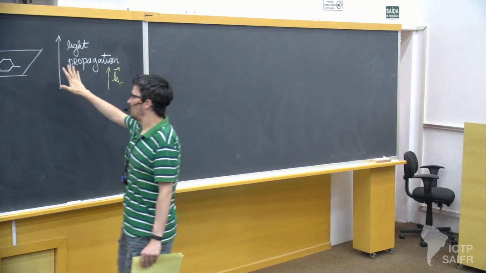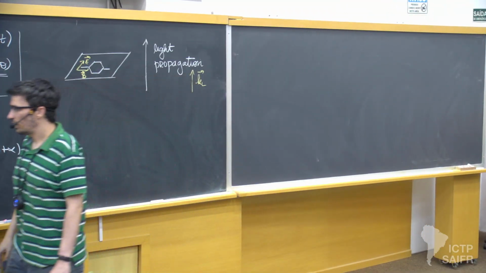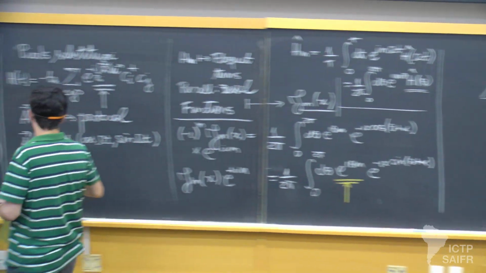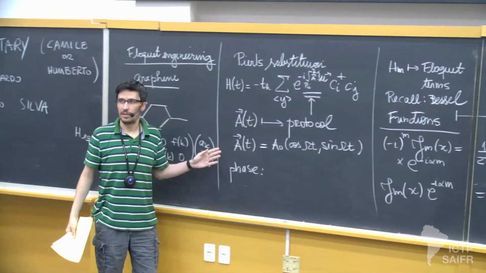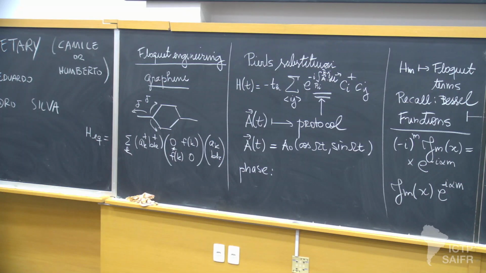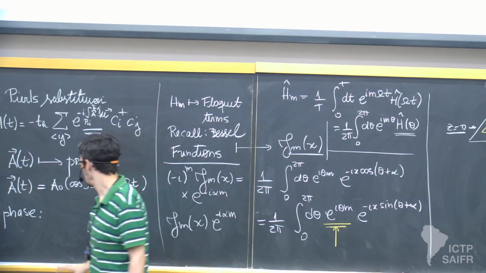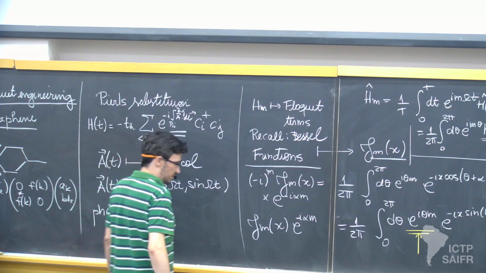So if I stay on the surface of this particular plane, the vector potential does not have any explicit position dependence. I say that this plane is, for example, at z equals 0. This is the position of the plane, and that's it. So the only thing that I actually have is a time dependence. A time dependence is already enough trouble, so we don't need also a position dependence.